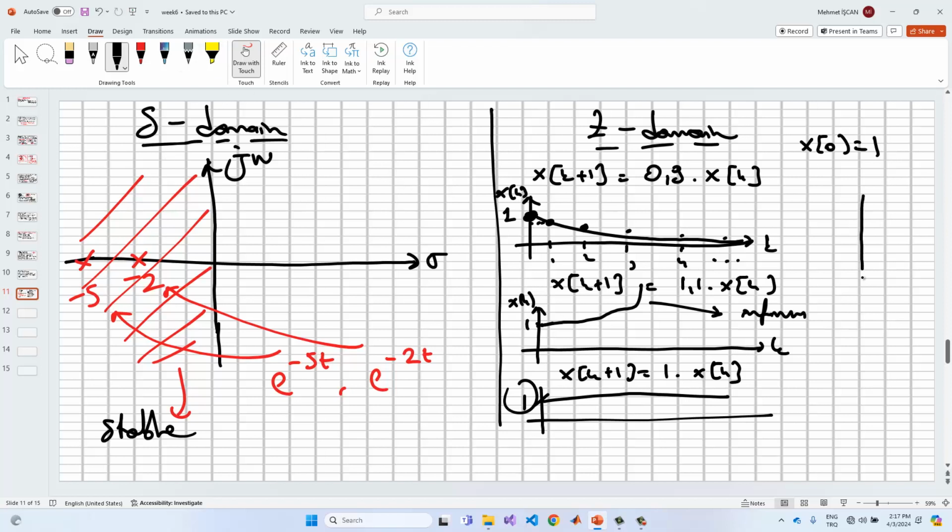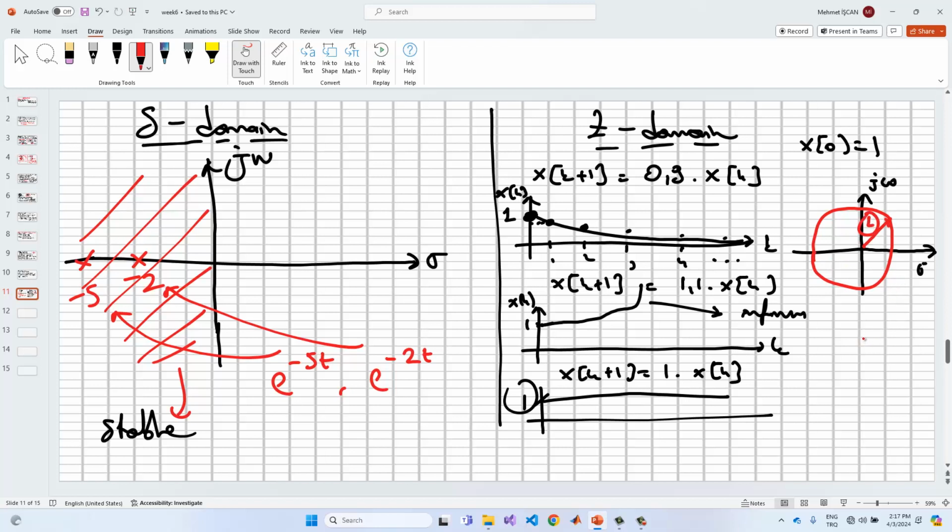Okay, and so we have a line in each case here. And so I can draw these values, sigma and j omega, and so we have a unit circle here, right? And so the maximum value of this term must be equal to 1, okay?